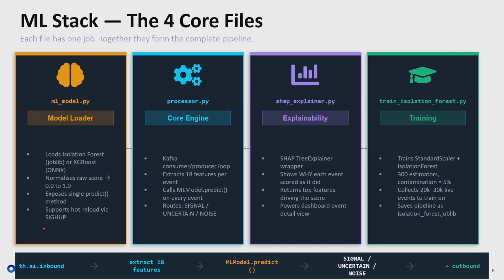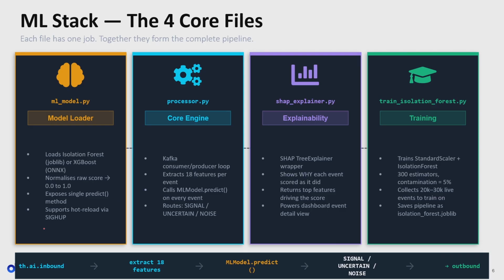The processor file extracts those 18 data points of interest and calls the ML model, which was previously trained by you. In my case, it was trained by me over 20K events to provide some useful classification for the events that are passing through. Either they are classified as noise, uncertain, or signal.